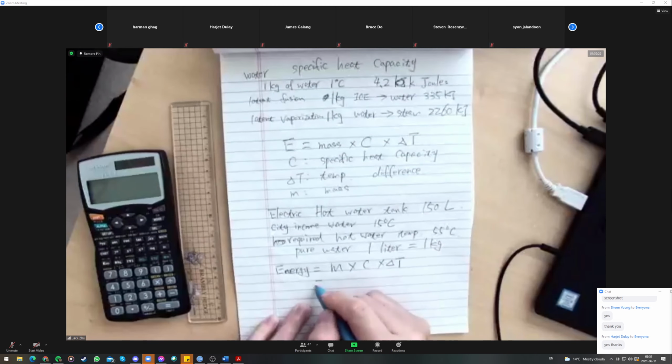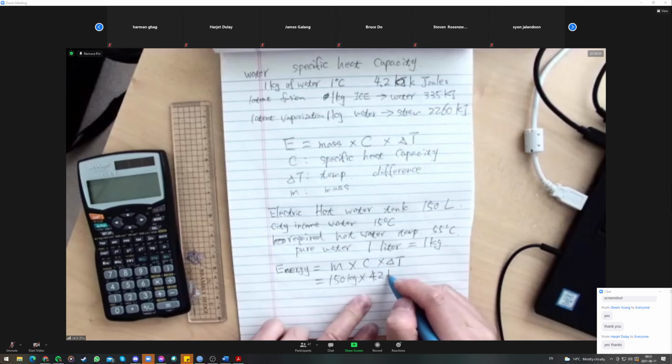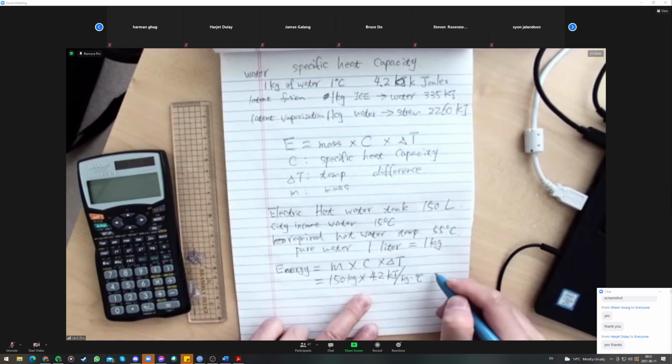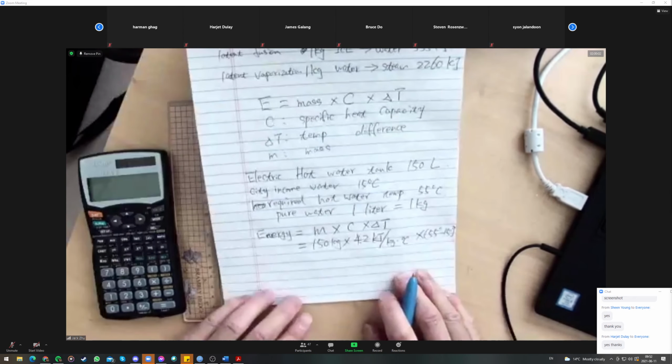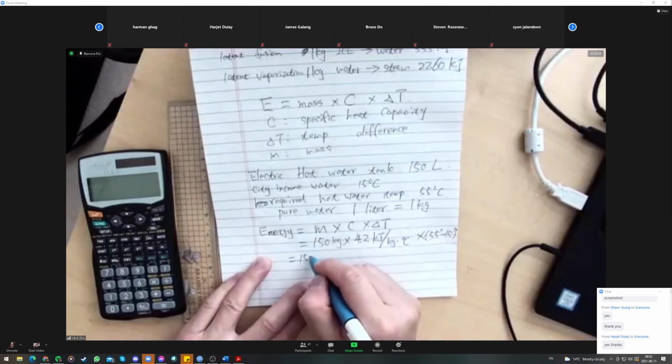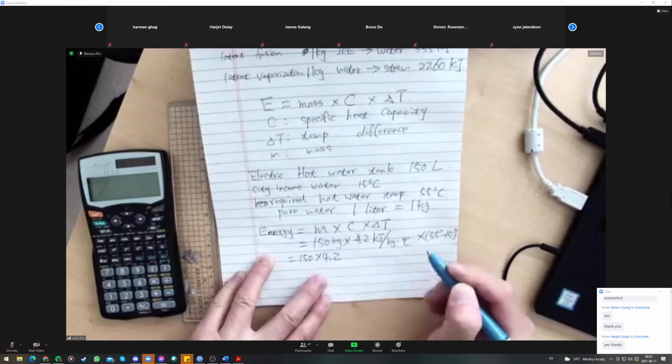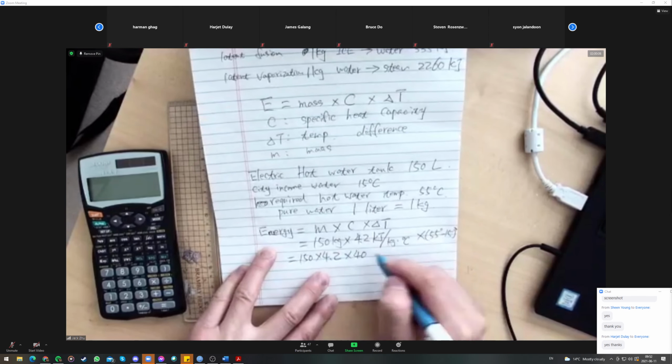Specific heat capacity, 4.2 kilojoules per kilogram per degree. The temperature change goes from 15 degrees to 55 degrees, so that's 55 subtract 15. Now it becomes 150 times 4.2 times 40.